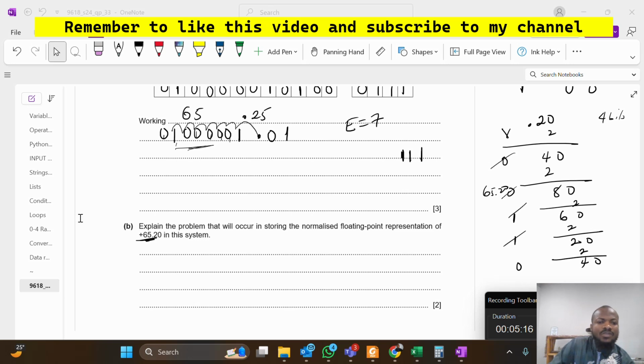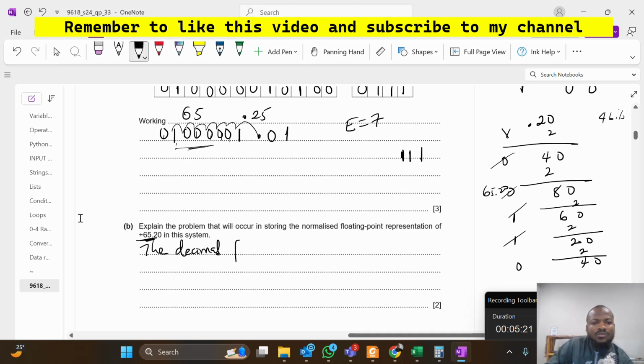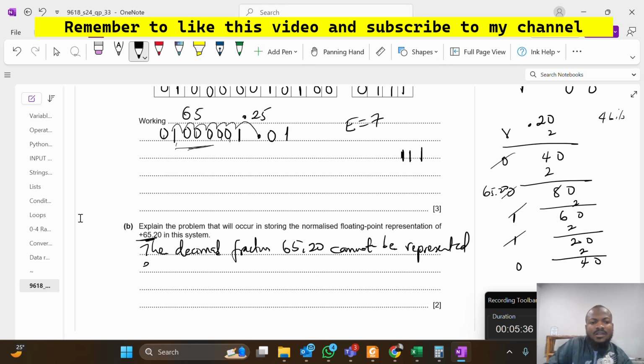So that means that the decimal fraction that will be 65.20 cannot be represented exactly. Do you understand?